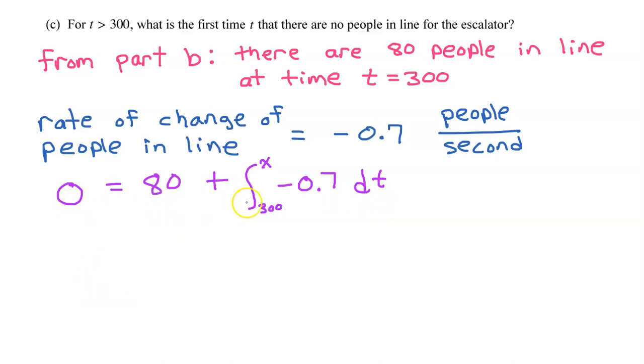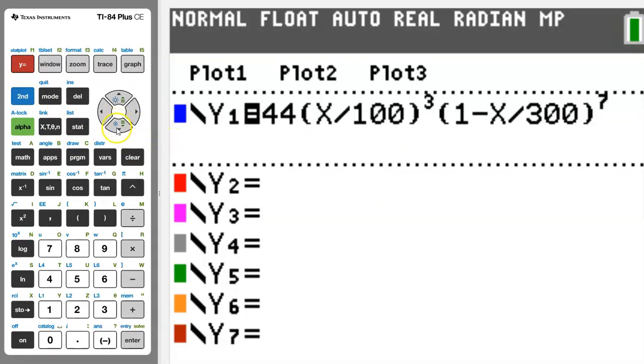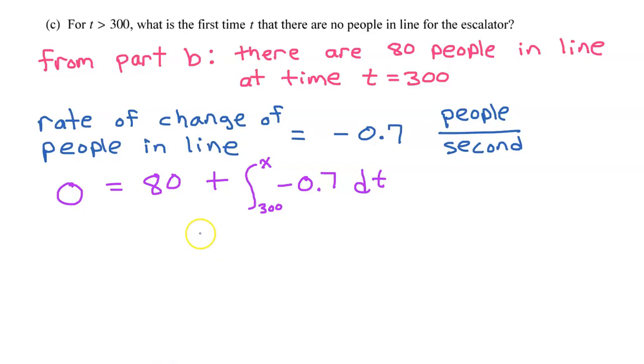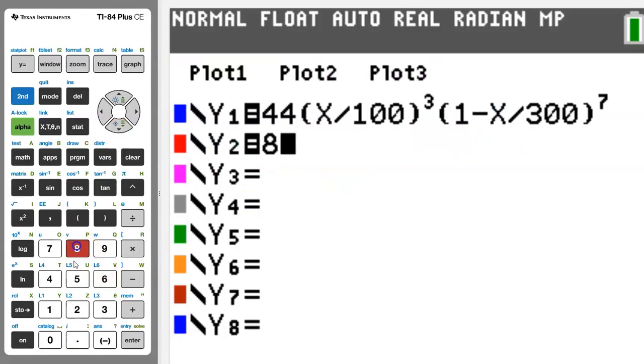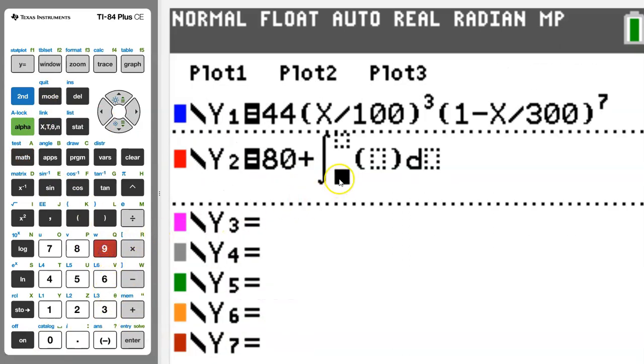So let's type all of this as a function into our graphing calculator under y equals. So let's move down to y2, and we are going to type 80 plus this integral. So let's go 80 plus. For the integral, we do math 9, and we are integrating from 300 to x.